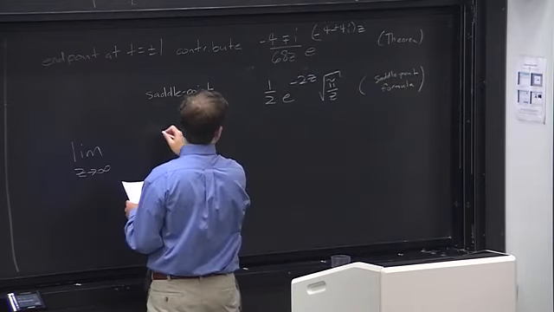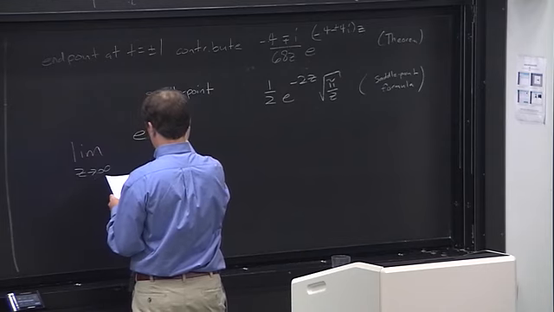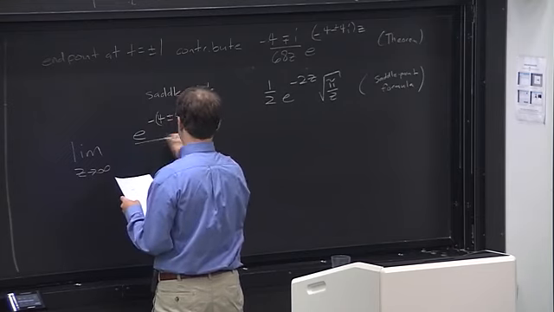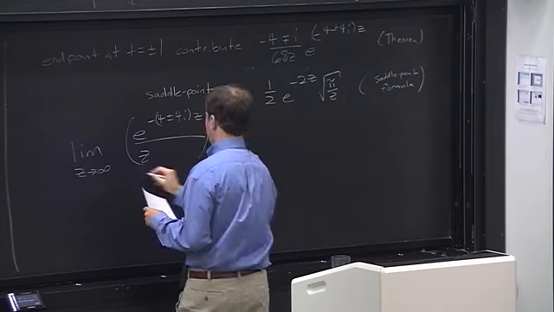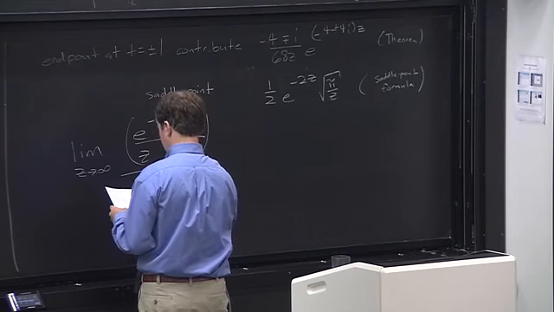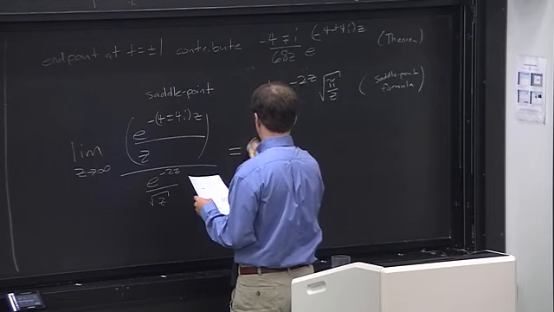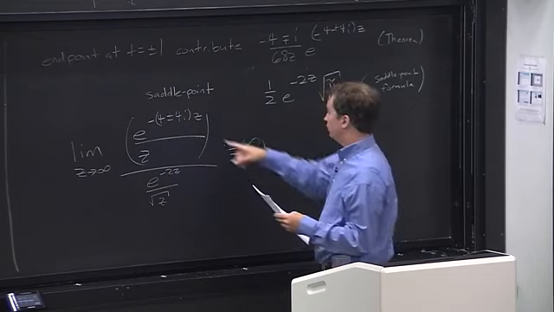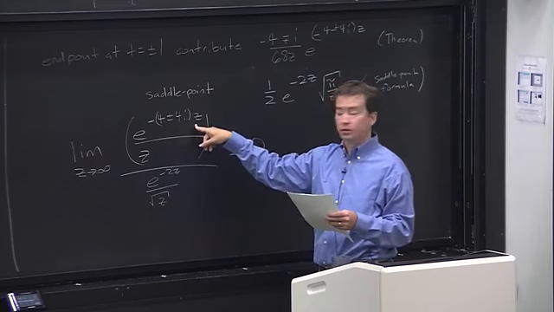The endpoint contributions go like e to the minus 4 plus or minus 4i times z over z, and the saddle point contribution goes like e to the minus 2z over root z. And this goes to 0 if z is real. Basically the e to the minus 4z beats everything else.